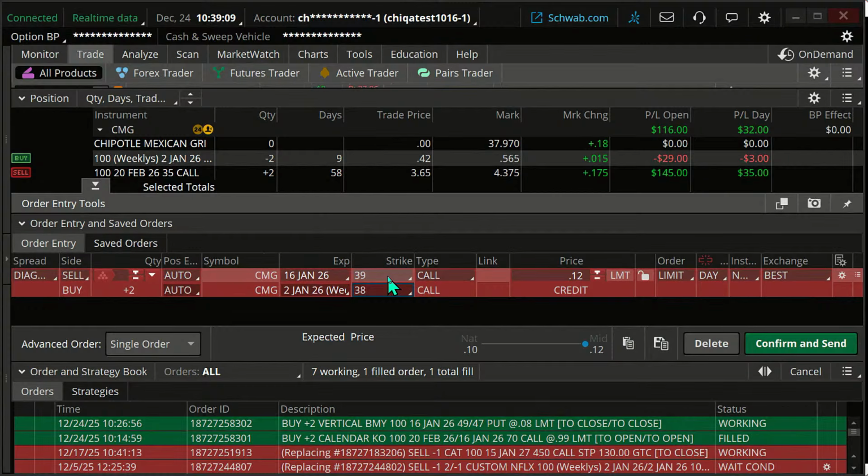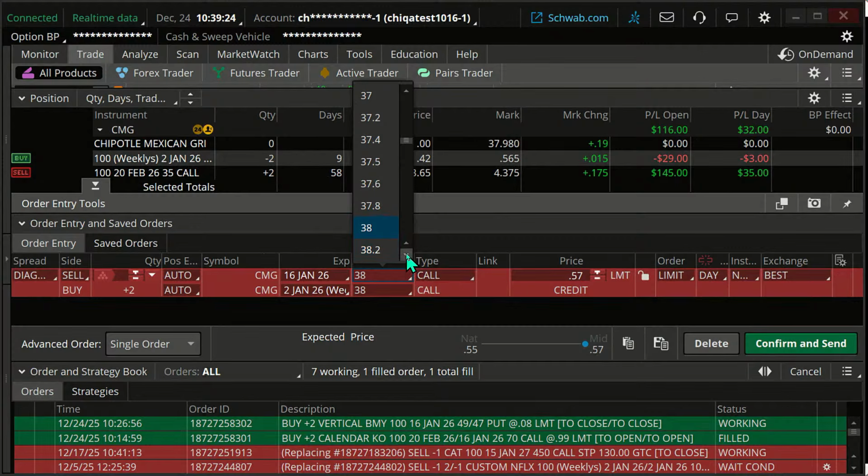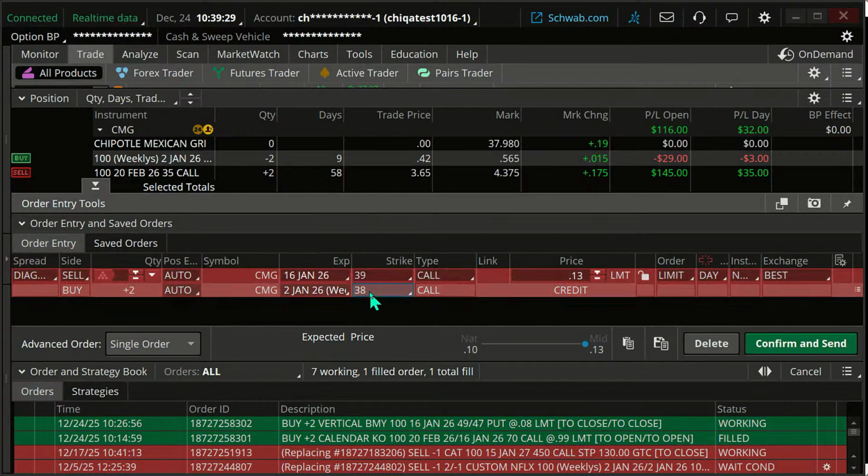So we're giving us a little bit more leeway on that. So I think that's probably worth it in this case. Now, if we were to roll to that 38 strike, we'd be getting more of a credit, 57 bucks. But in this case, for the reasons I just stated, I'm going to keep it at the 39 just for the overall sake of the trade. I'm going to confirm and send.